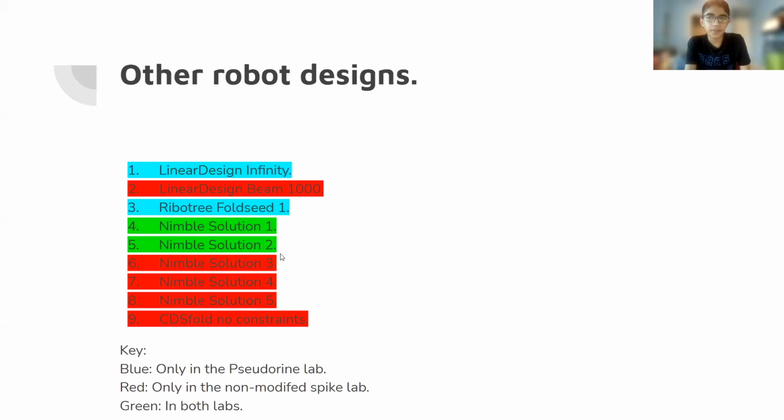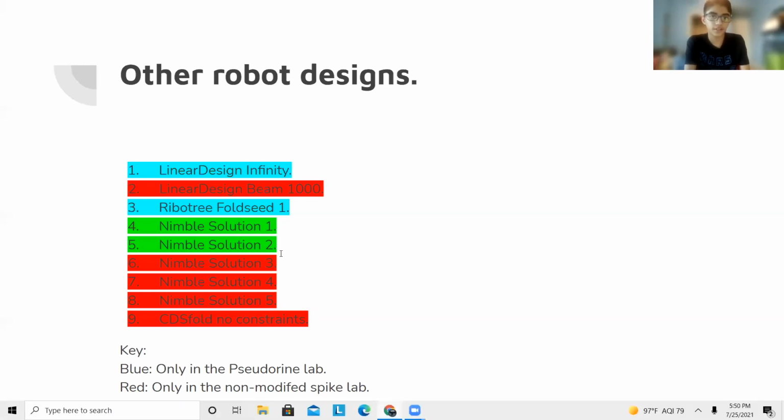The Nimblr-Vorse is not the only robot designs computers have made. Here is a list of other robot designs. First we have Linear Design Infinity, which is only present in the Pseudorian lab. Then we have Linear Design Beam 1000, which is only in the non-modified Spike lab.